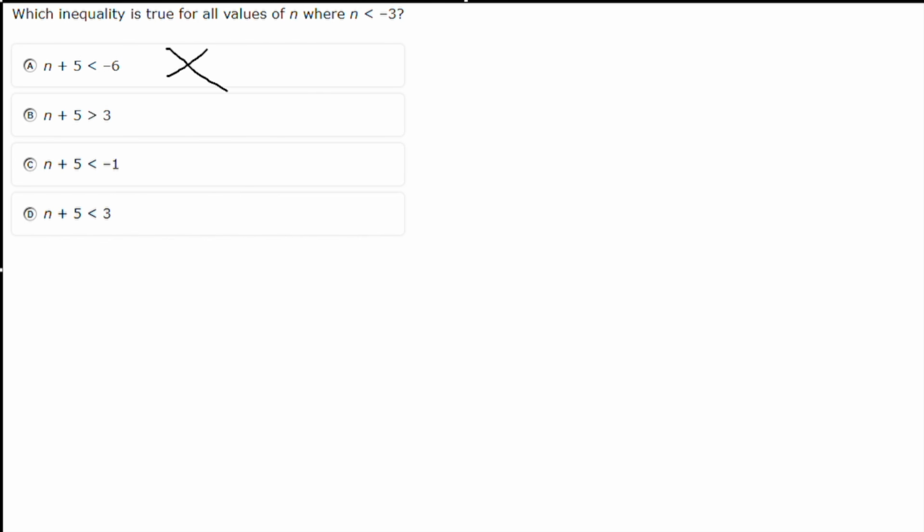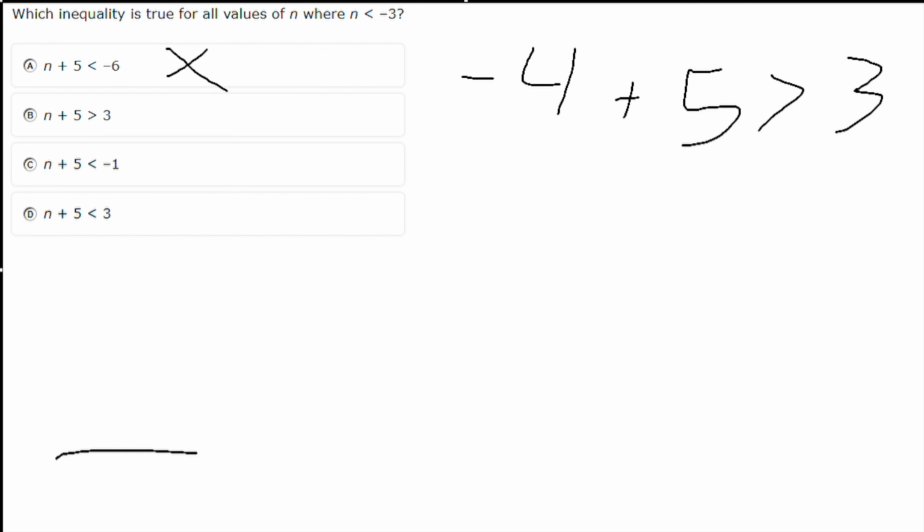Let's try B. Wherever we see n, we're going to plug in negative 4. Negative 4 plus 5 is greater than 3. Let's try it out. Again, how do we do that? We can switch these around, or you can draw it out on a number line. You have negative 4 right here, and then just count 5 spaces. So this would be negative 3, negative 2, negative 1, 0, positive 1.